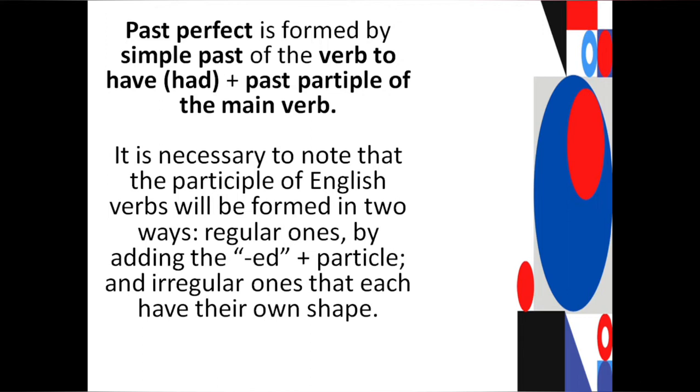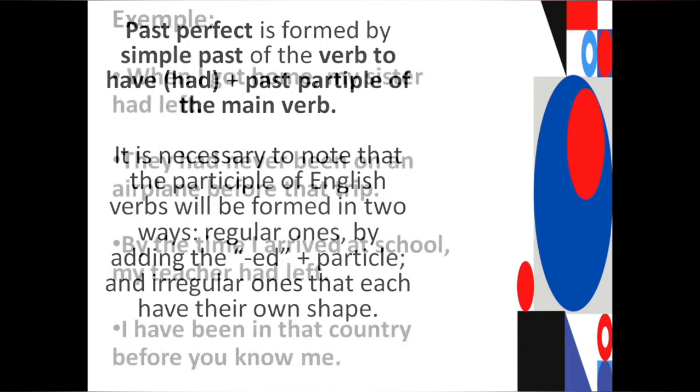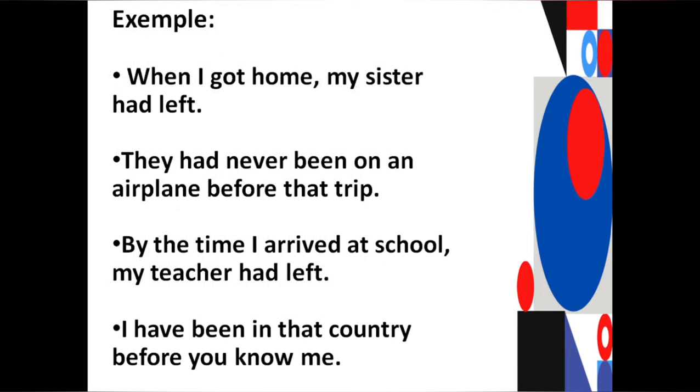Plain, easy peasy lemon squeezy. When I got home, my sister had left. They had never been on an airplane before that trip. By the time I arrived at school, my teacher had left. I had been in a country before you know me.